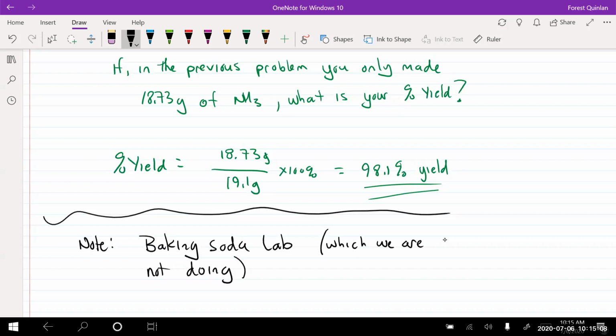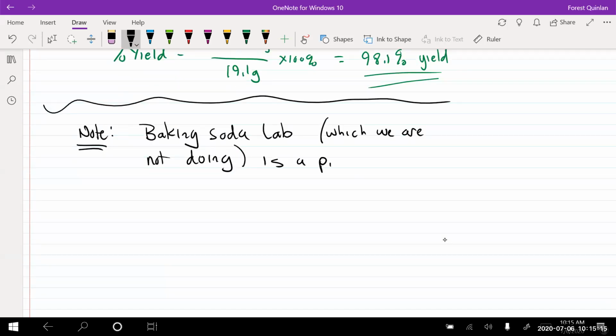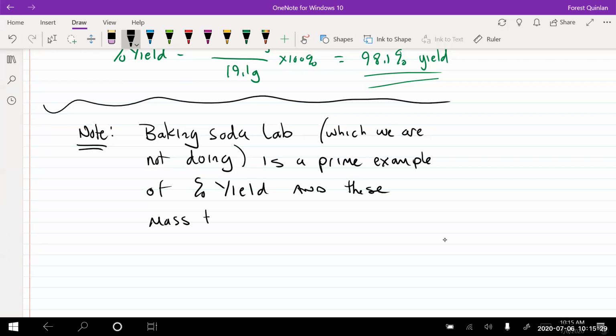So we cut the lab, but I would really encourage you guys to do the pre-lab and the post-lab. The baking soda lab is a prime example of percent yield and these mass to mole to mole to mass calculations. And if you're one of those super go-getters, you can send me a little Zoom request and I can actually make some fake data for you to just try it out if you want.